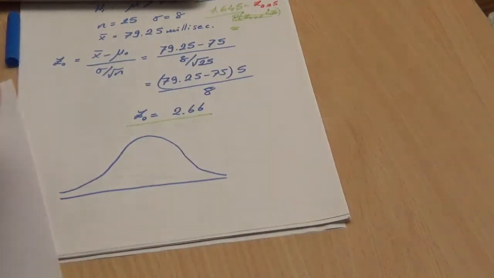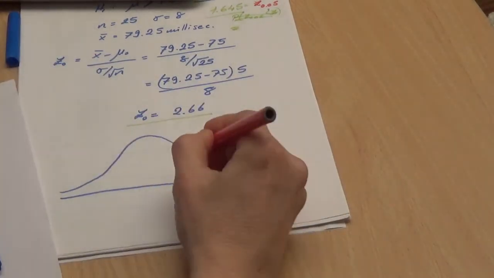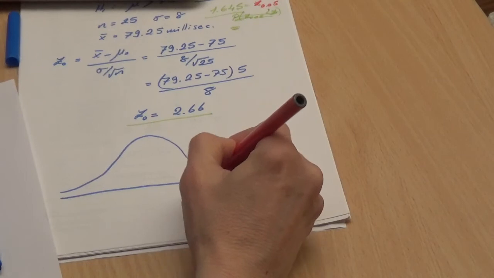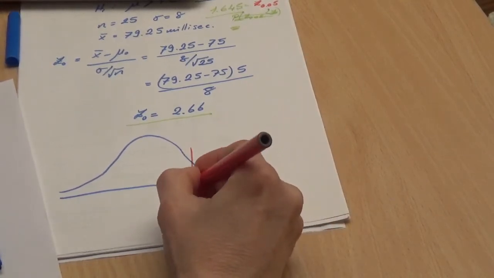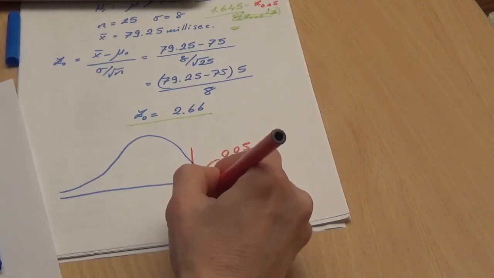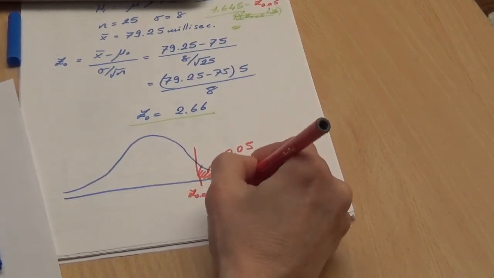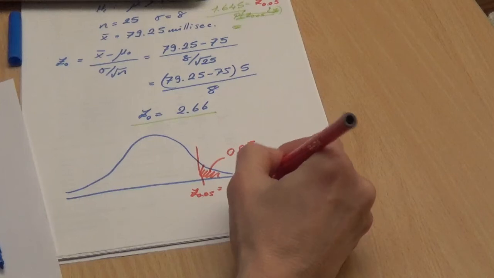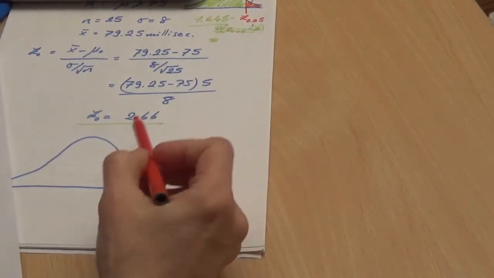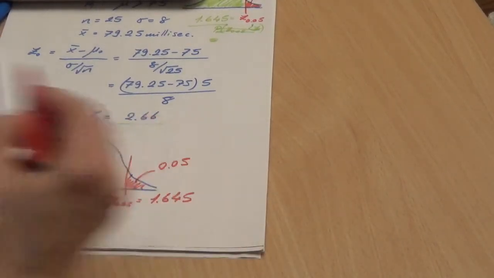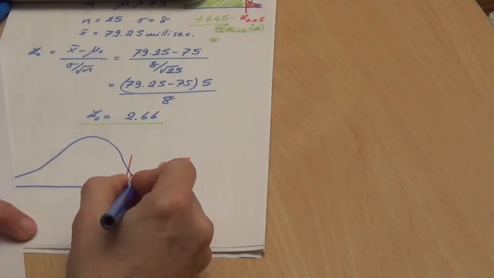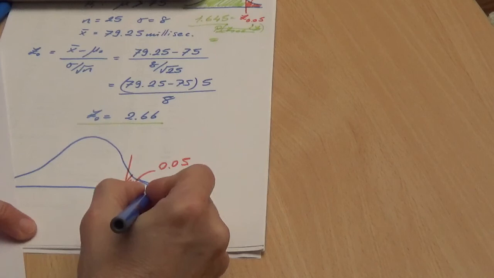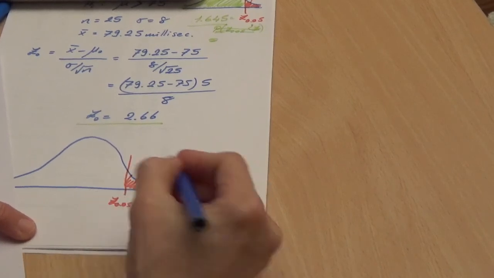The alpha value was given to us, 0.05. The z value for 0.05 was 1.645, and what we have calculated is 2.66, which is far from this.